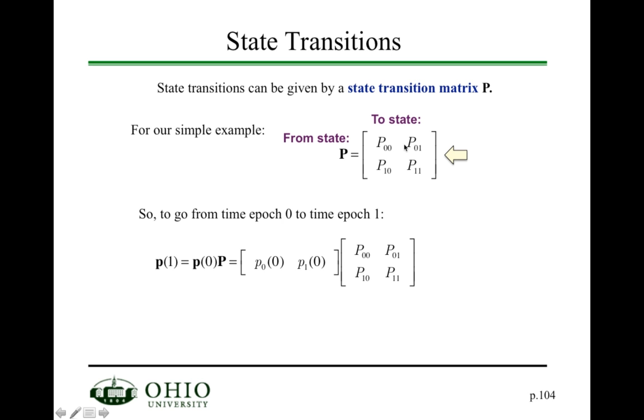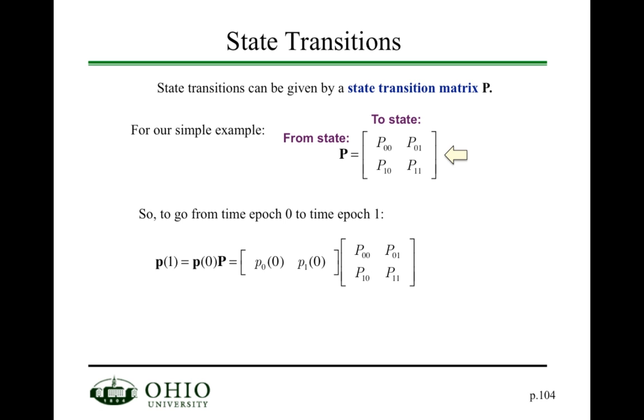The first row, second column means from 0 to 1, etc. So now if I want to calculate my probability at time epoch 1, I just take the probability vector at time epoch 0 and multiply it by the state transition matrix P. That's it.